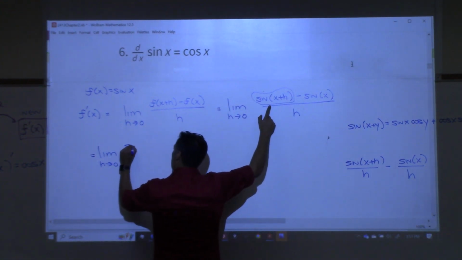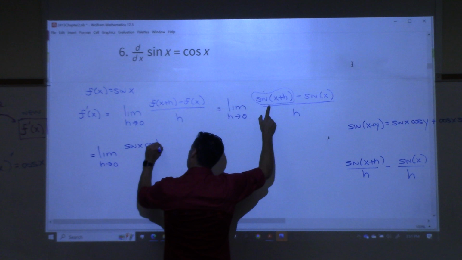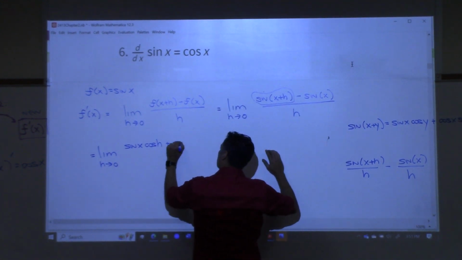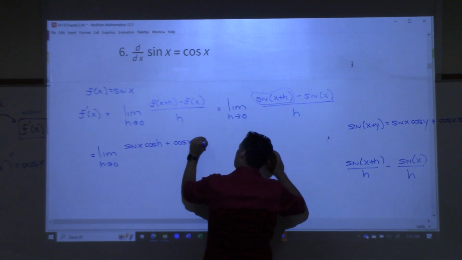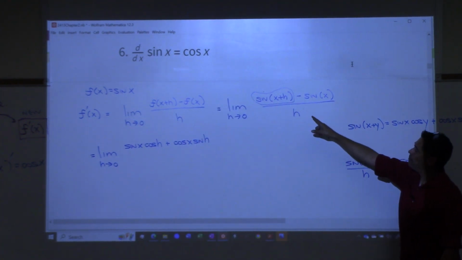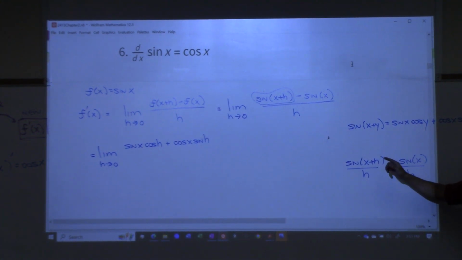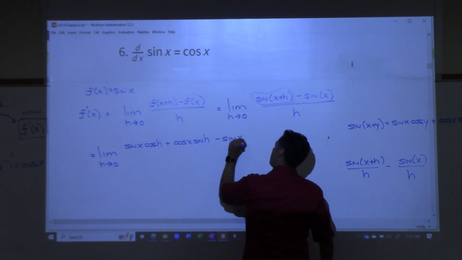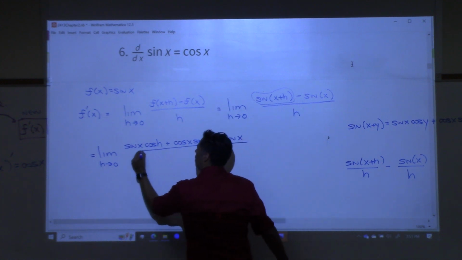So it becomes sine x cosine h plus cosine x sine h. That's what that is. And then here I have minus sine x still, and then all over h.